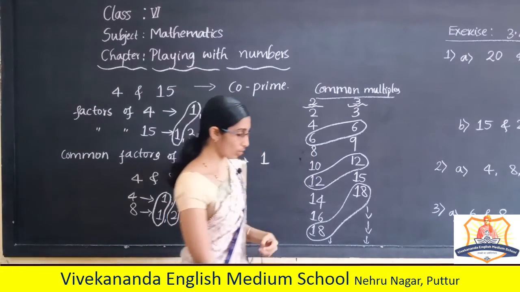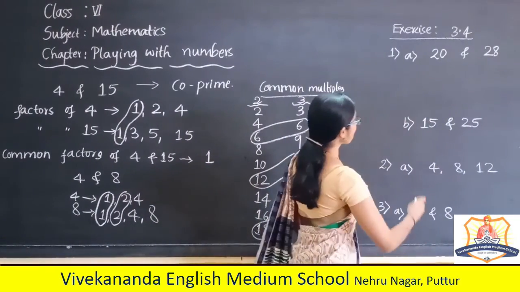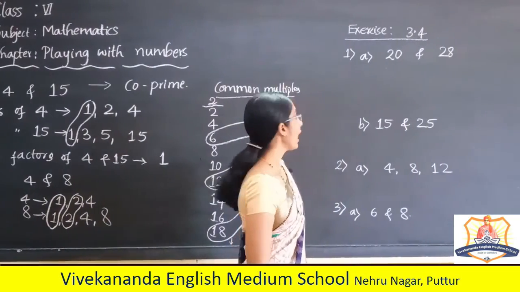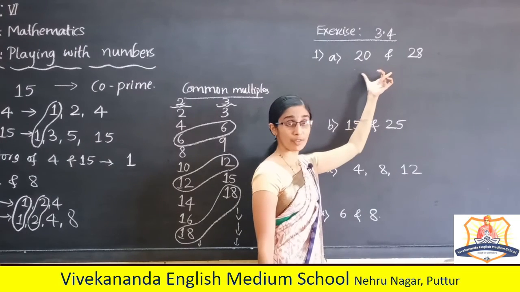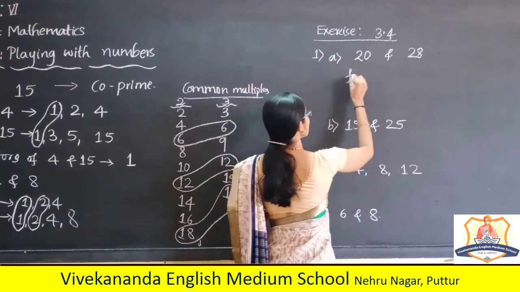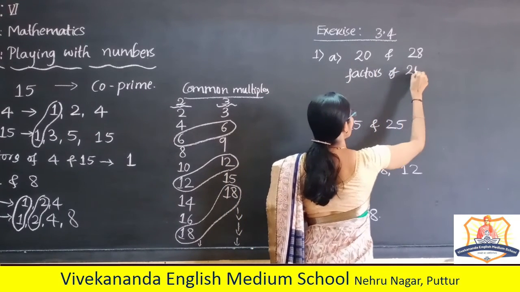Okay children, let us go to exercise 3.4 now. So here, what have they asked you? They have asked you to find the common factors of 20 and 28. So let me list out factors of 20.